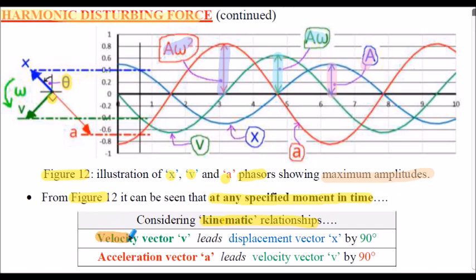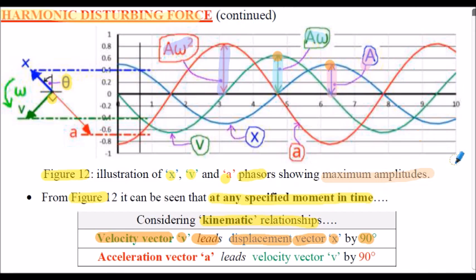Note velocity vector v leads displacement vector x by 90 degrees. So velocity vector peaks here, displacement vector peaks here, and that would be 90 degrees apart, or pi upon 2 radians apart if plotted against angle.